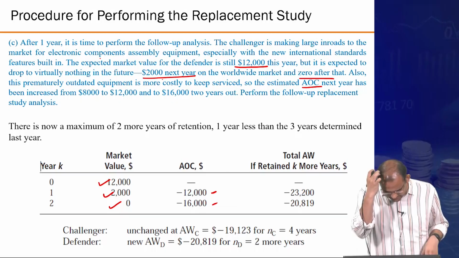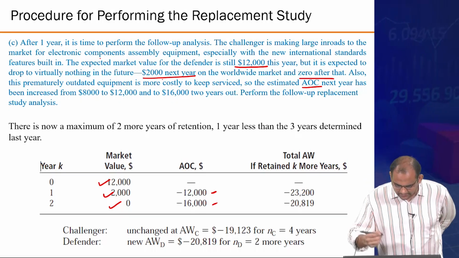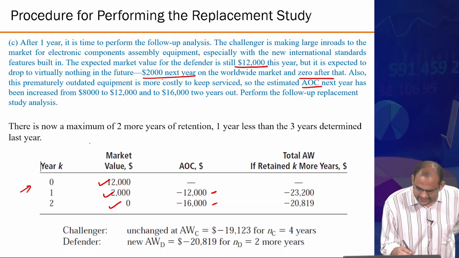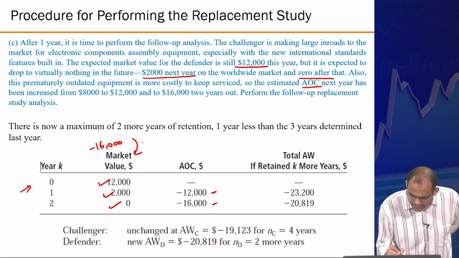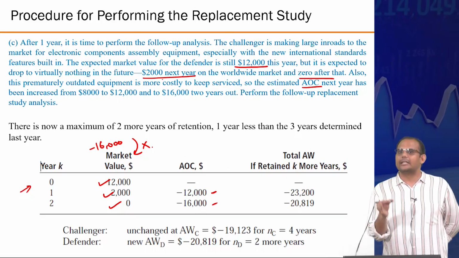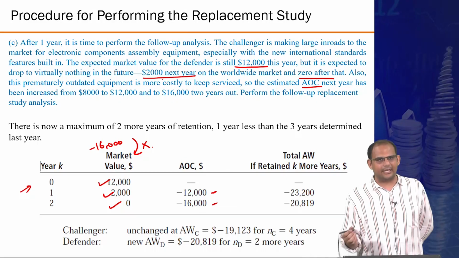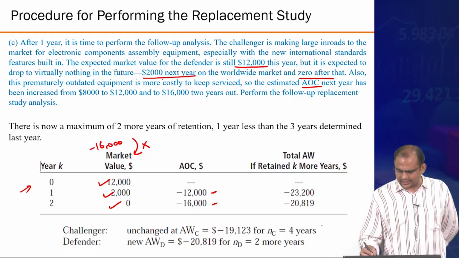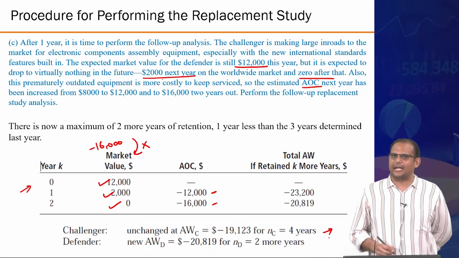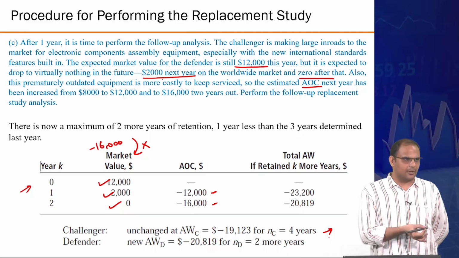Here, let me just show you. So, this cash flow series: once you understand that the past 16,000 retrofit has no implication at this stage, you are essentially doing a fresh analysis. And if you do that, you will find that since there is no new information available for the Challenger, the same past values still hold true.